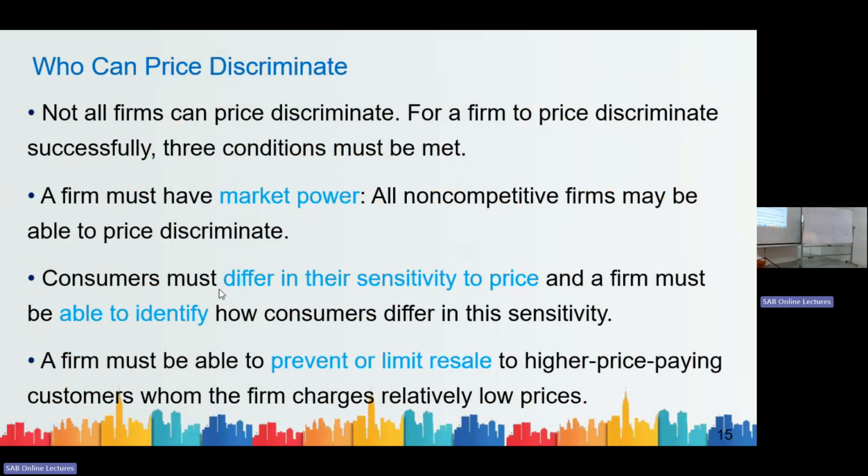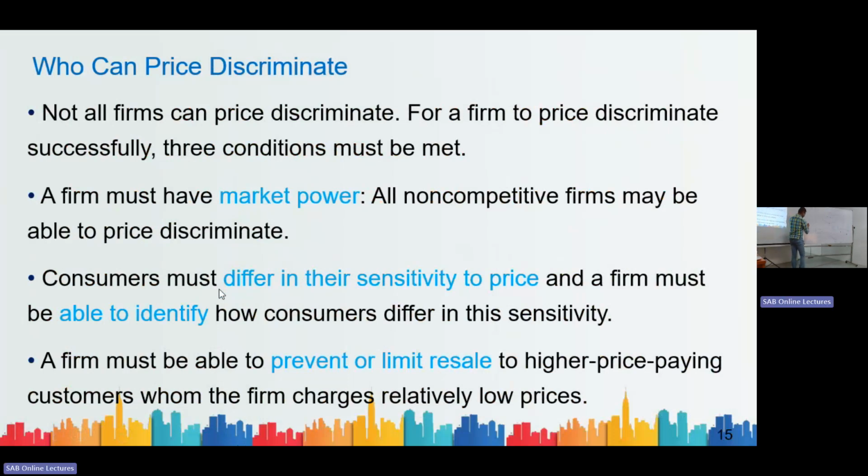And the third condition is that firms should be able to prevent reselling between different locations to higher price paying customers, whom the firm charges relatively low prices. Let's say there are two locations.